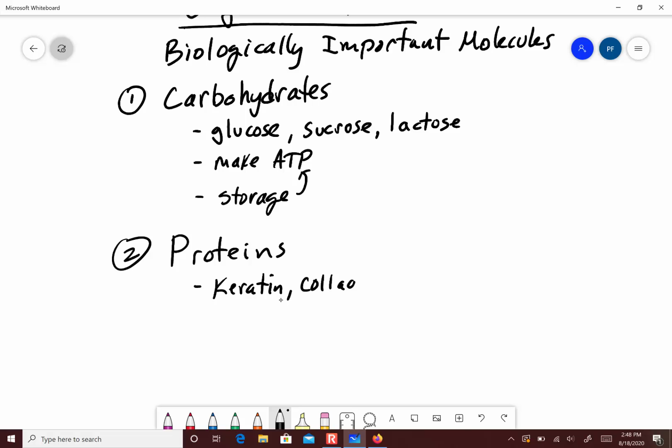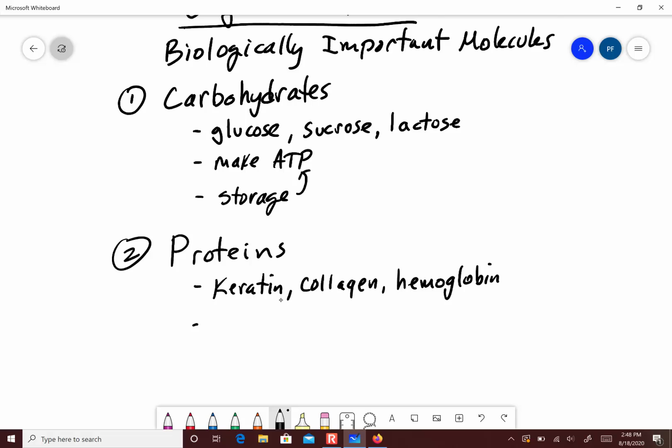In skin and bones and cartilage and ligaments, all kinds of stuff in your body, there's a protein called collagen. And then in our blood, there's a protein called hemoglobin. Right, so those are all pretty reasonably common kinds of proteins that we have.